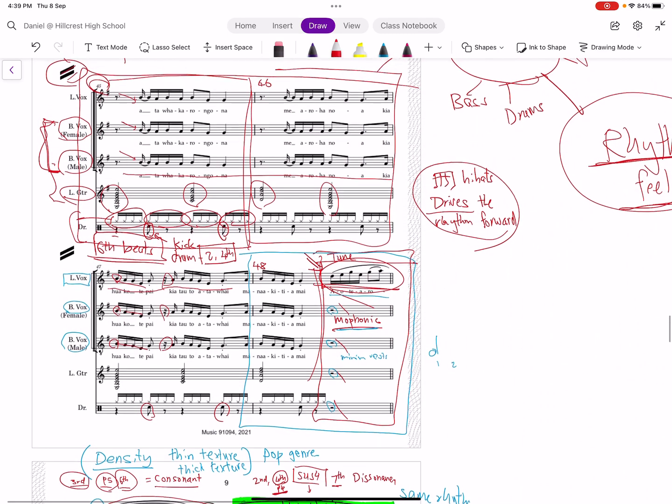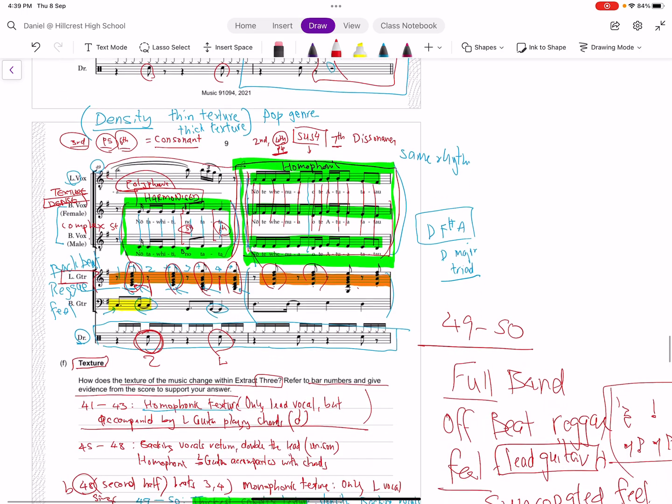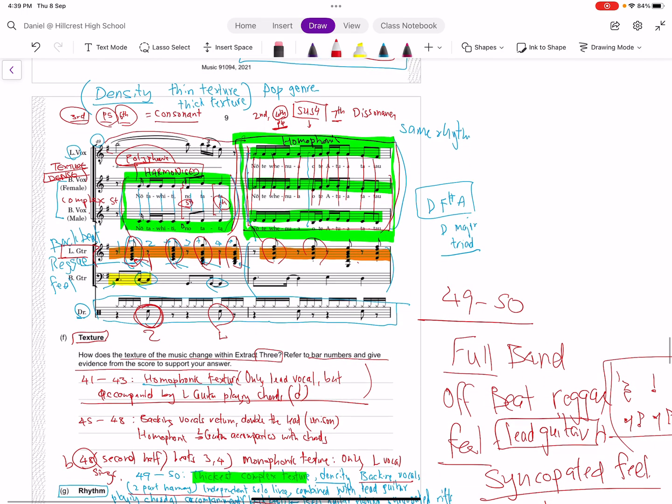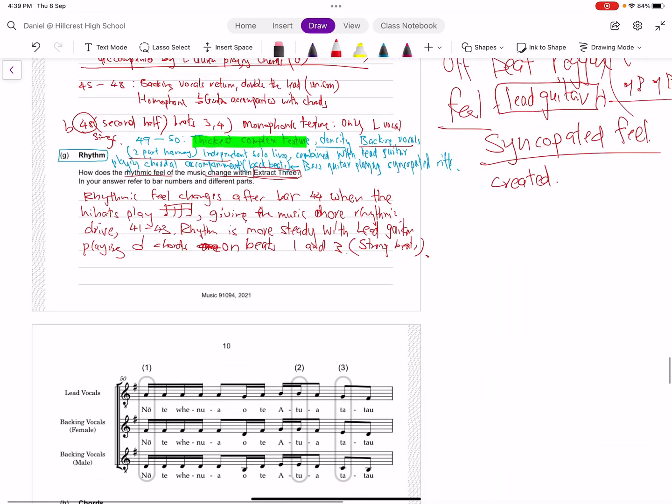The rhythmic feel really changes from 49 onwards to 50. The reggae feel is firmly set or established through, well, I'm going to just draw the pattern.